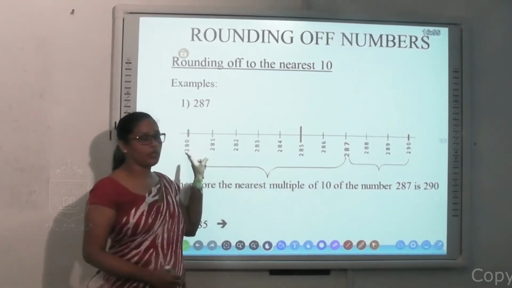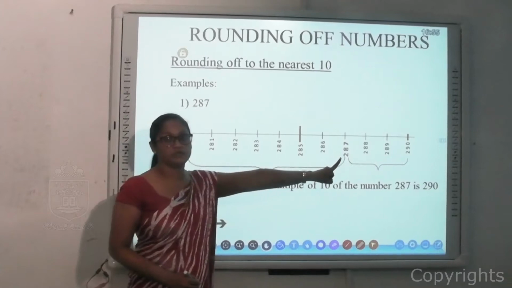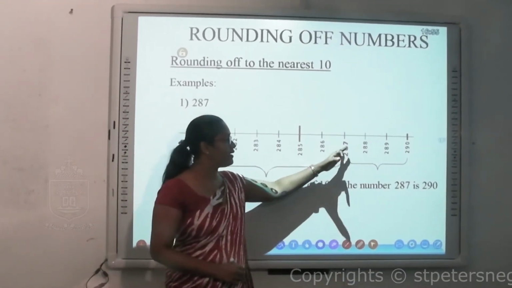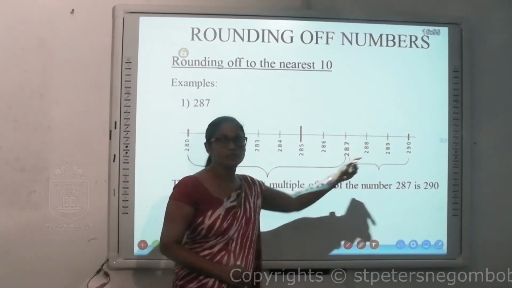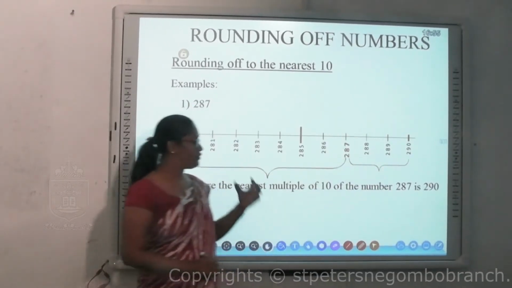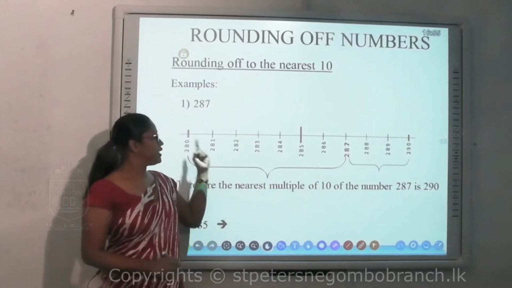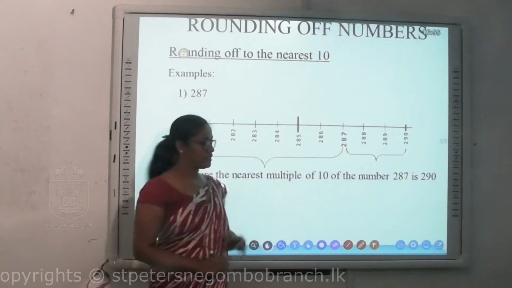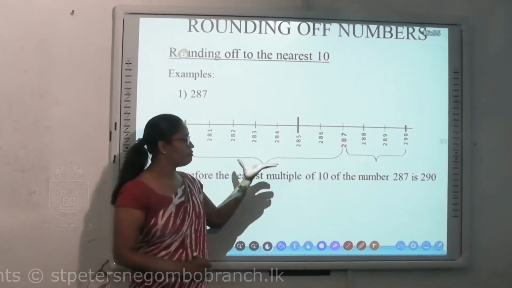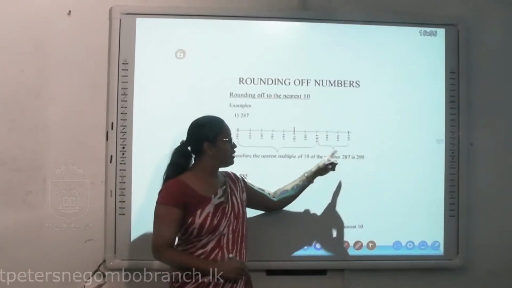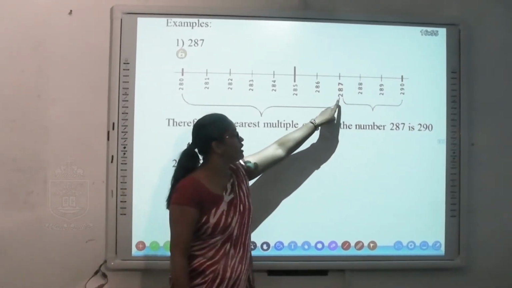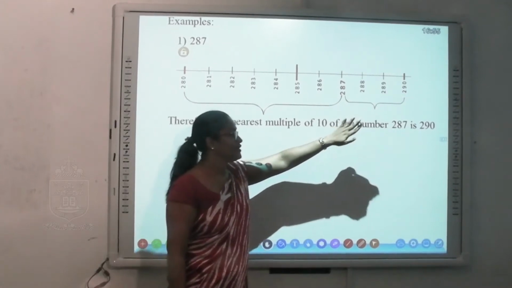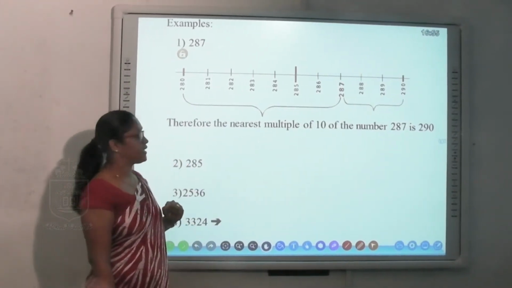These two are the multiples of 10, that means the nearest 10 numbers. 287 is very close to 290. If you see the gap between 280 and this number, and the gap between this number and 290, this gap is very big compared to that. So we can round off 287 to the nearest 10, that is 290. This is the pictorial way that I can explain.